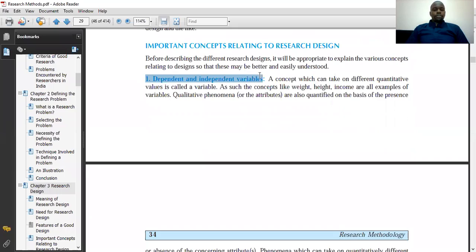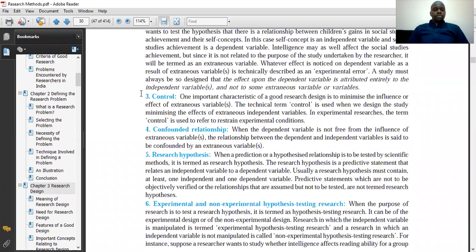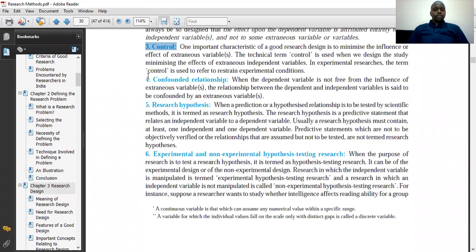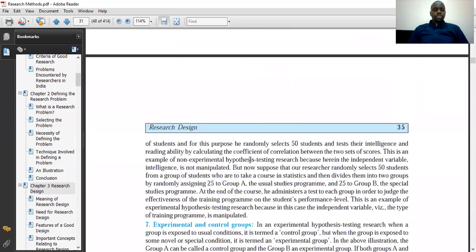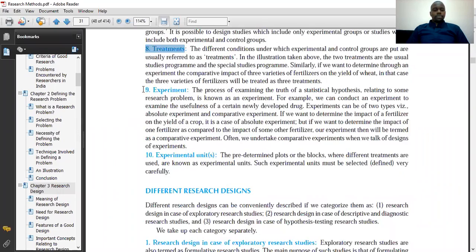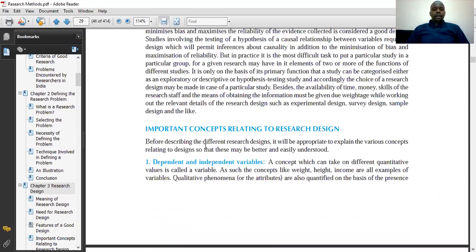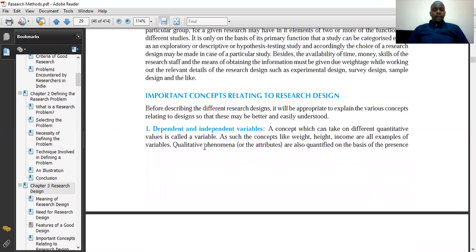These concepts are as follows: dependent and independent variables, extraneous variable, control, confounded relationship, research hypothesis, experimental and non-experimental hypothesis testing research, experimental and control groups, treatments, experiments, experimental units. So we are going to discuss each of these concepts related to research design one by one.